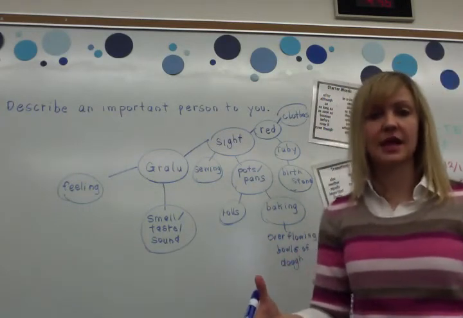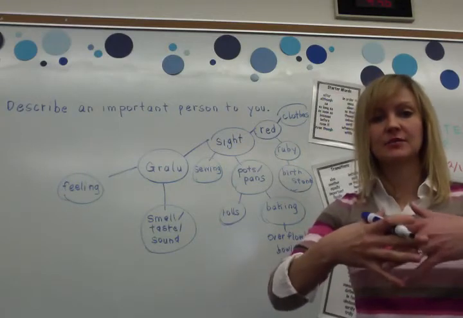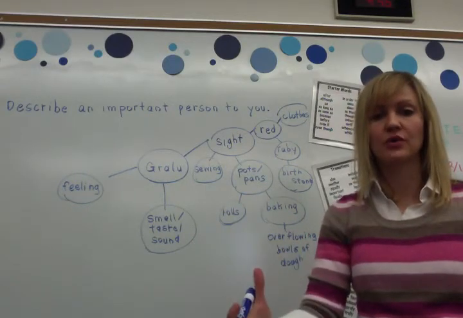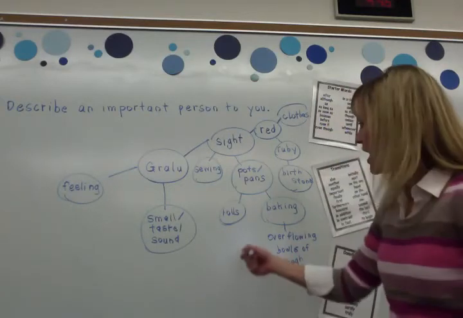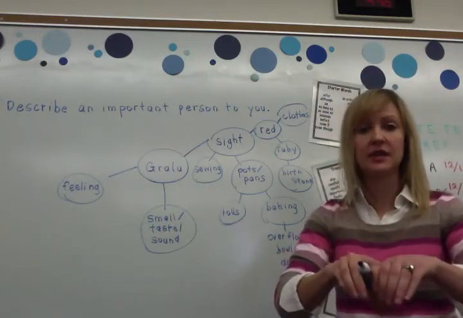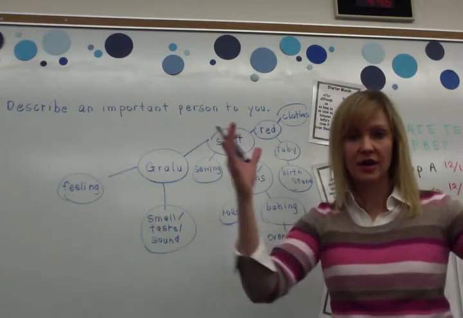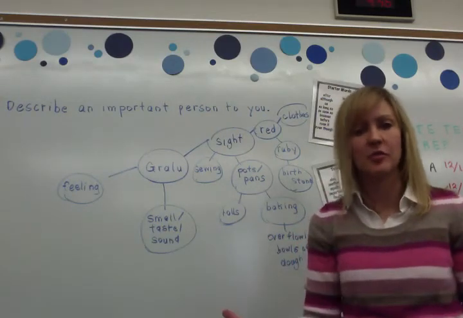My grandmother likes to make these cinnamon rolls, and a lot of times she has to let the dough rise in a bowl, and so she always has these all over the house somewhere because she's always making rolls. Rolls I might include because she makes those rolls. She likes to roll them out in a big log, and we cut them up for her, so that always reminds me of my grandmother.